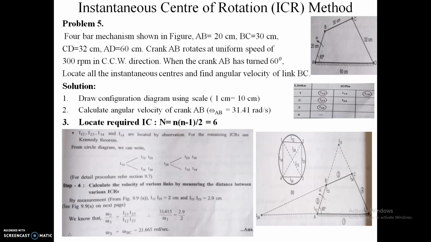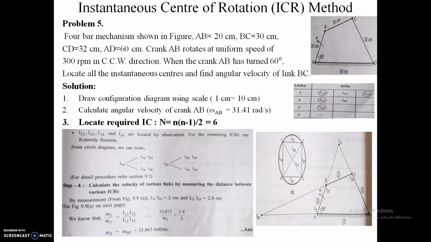So let us see the problem. This is the first problem based on the ICR method. The 4 bar mechanism is shown in the figure, and the lengths of the links are given: AB 20 centimeter, BC 30 centimeter, CD 32 centimeter, and length of link AD 60 centimeter.